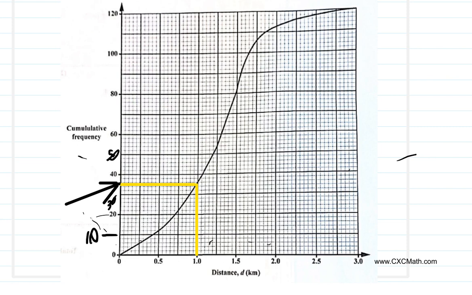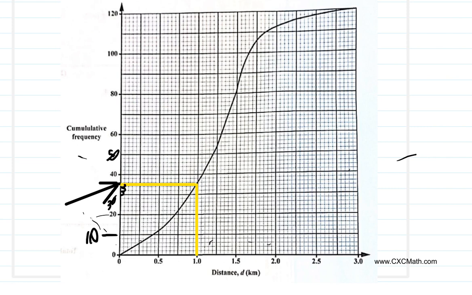As for these smaller squares, such as this little square here, how high is it? Let's see. How many squares are between 0 and 10? 1, 2, 3, 4, 5 of them. So each small square represents 2 units. Alright? Represents 2 students.